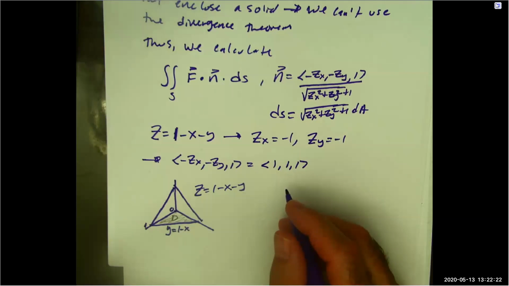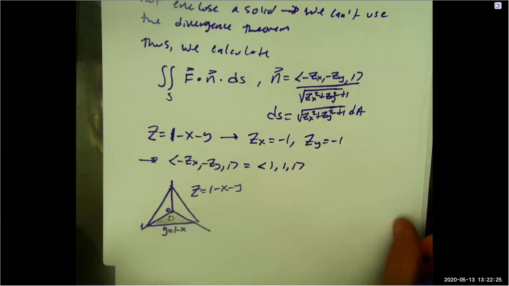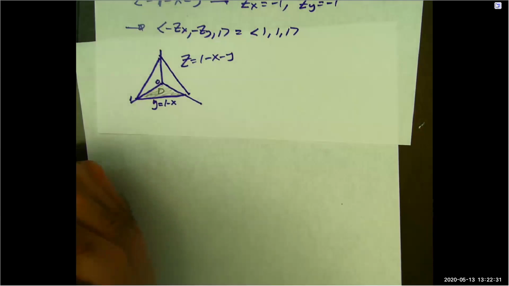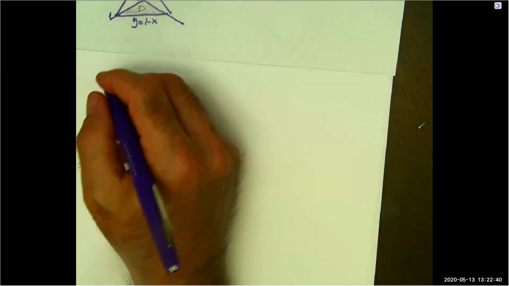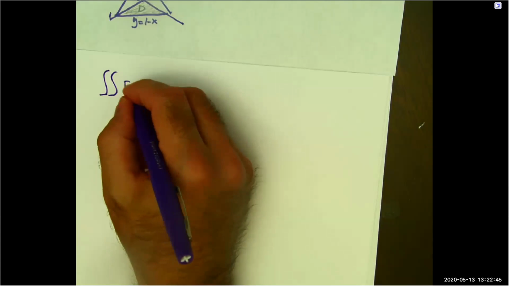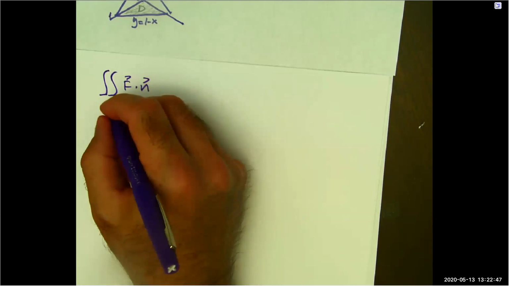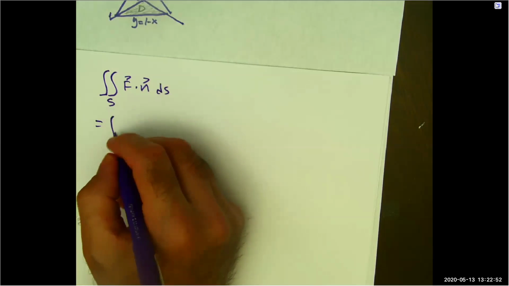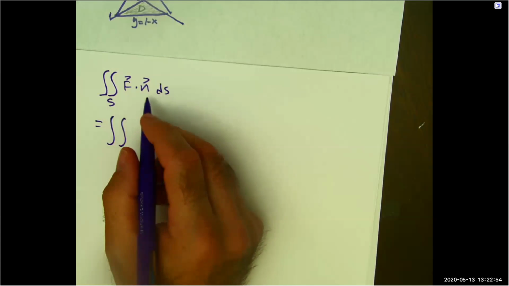So we're going to have our double integral of F dot n dS is going to be equal to, so we have a surface integral here.